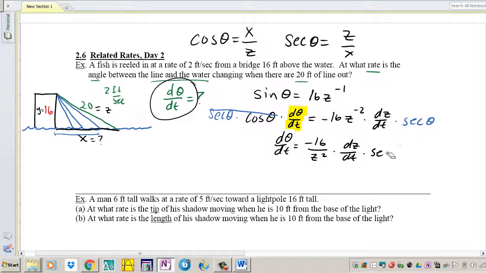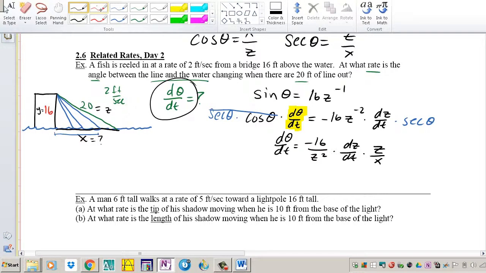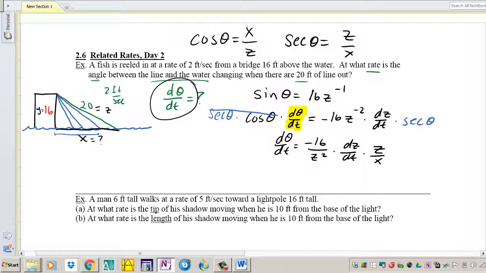So I can replace the secant and write it as z over x. A z on top will cancel one z on the bottom. So I have my final simplified equation to be negative 16 over z times x times dz dt.